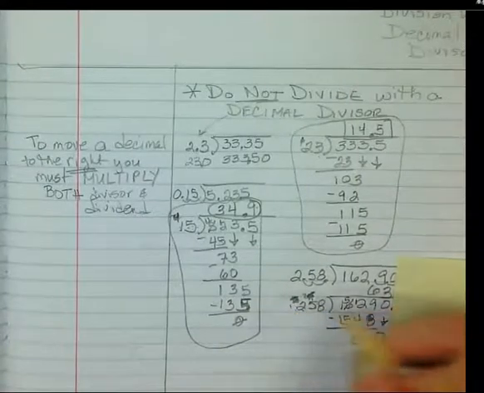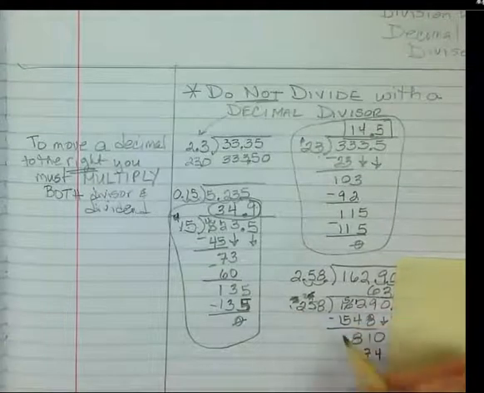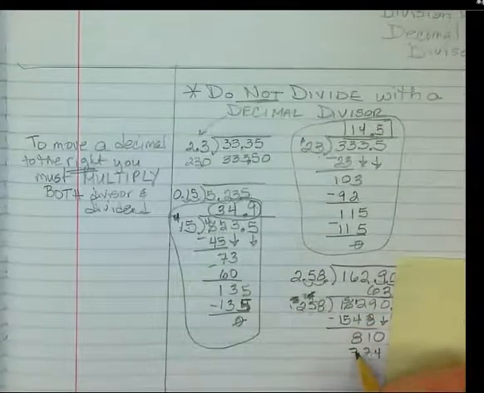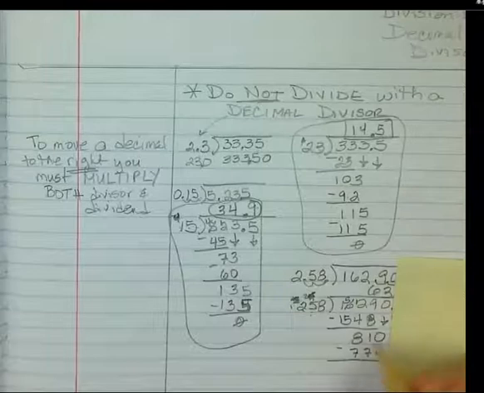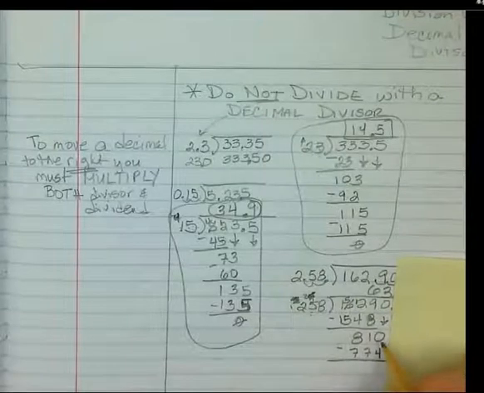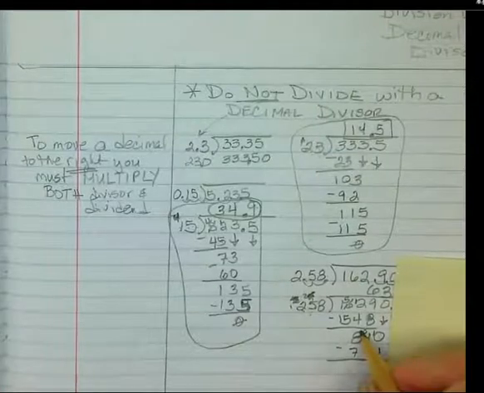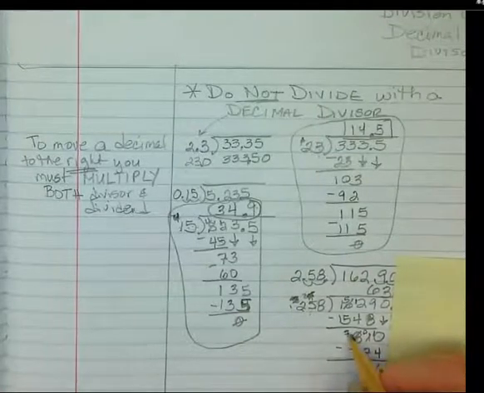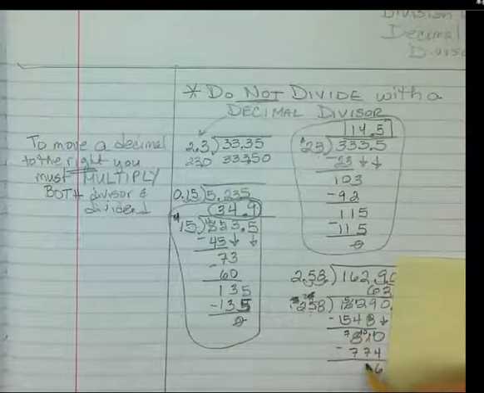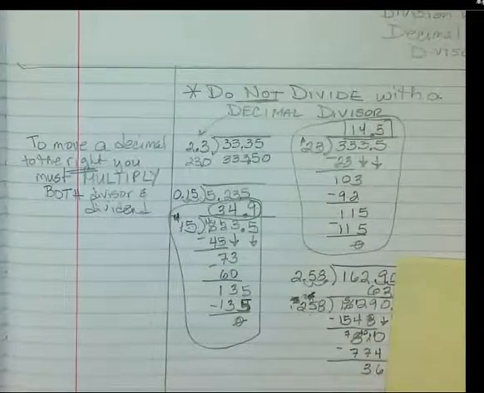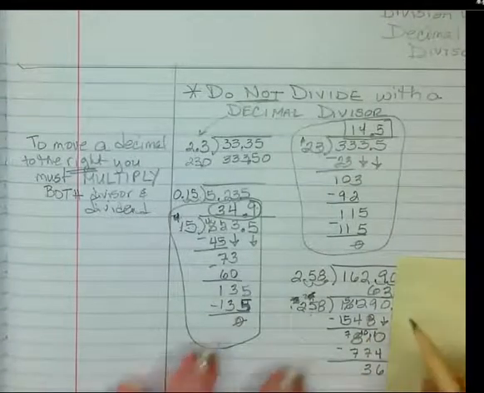So carry the 1. 3 times 2 is 6, plus 1 is 7. Okay, so let's see. Can't subtract that, so we're going to have to borrow. 10 minus 4 is 6. Now I have to borrow from the 8. And now I have 10 minus 7 is 3. All right, good. We got less than 258, so we're good.